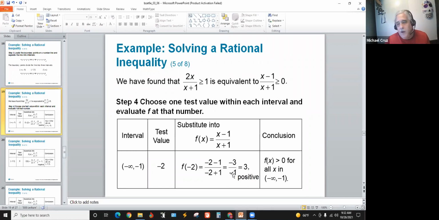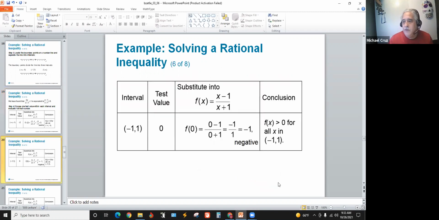So negative 3 over negative 1 is equal to 3. Since that's positive, we can conclude that that whole range, from negative infinity to negative 1, not including negative 1, is going to be positive. And I'll show you a graph in a minute, and I'm going to see what you remember.